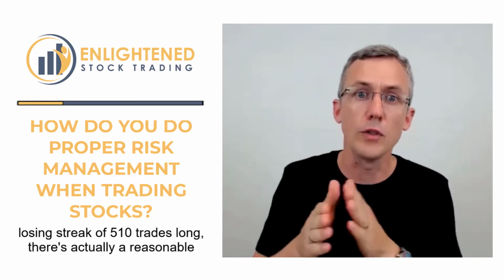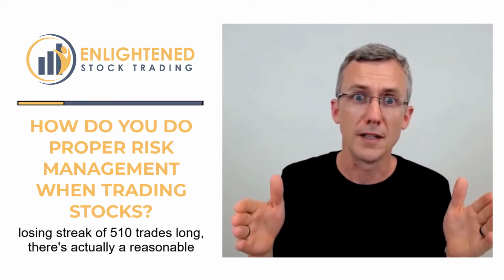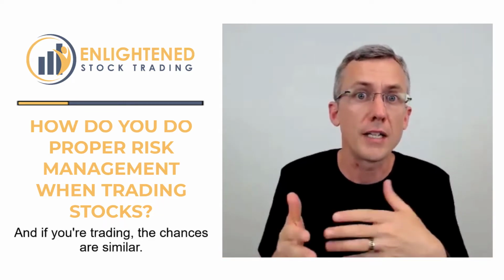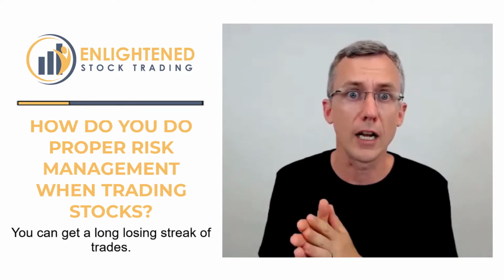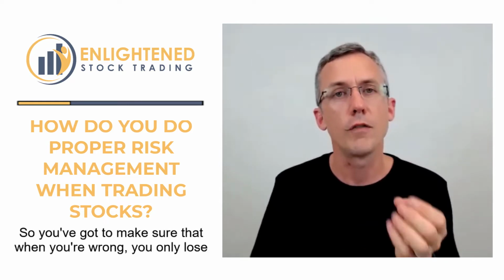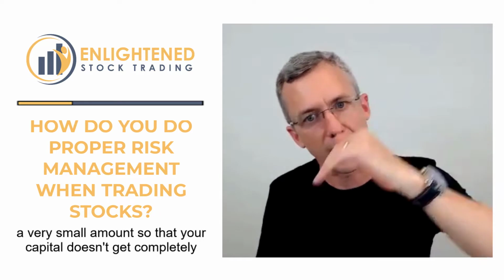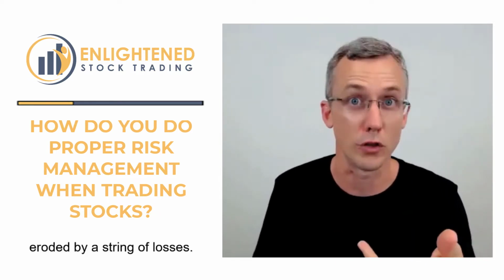The chance of a losing streak of 5 or 10 trades is actually reasonable, and if you're trading, the chances are similar. So you've got to make sure that when you're wrong, you only lose a very small amount so that your capital doesn't get completely eroded by a string of losses.